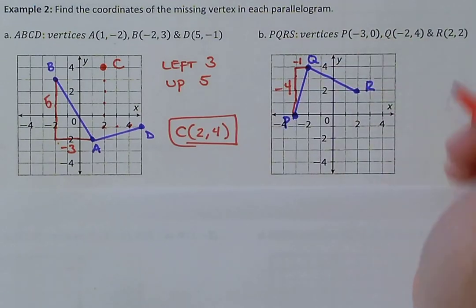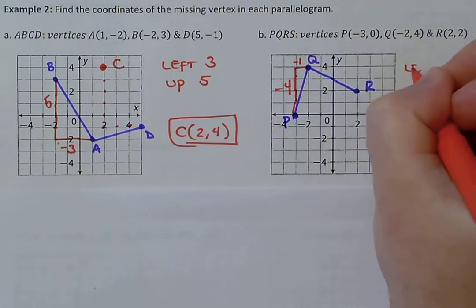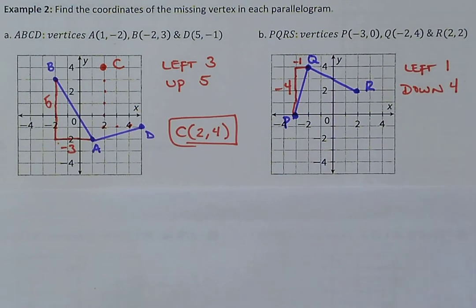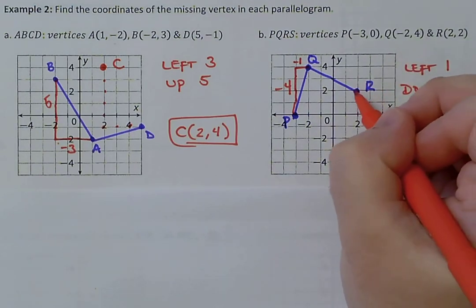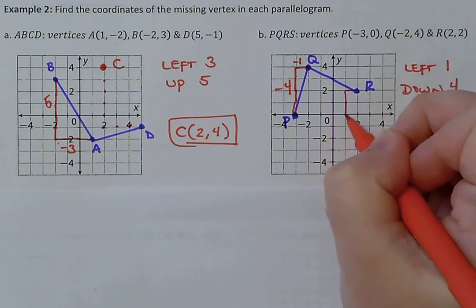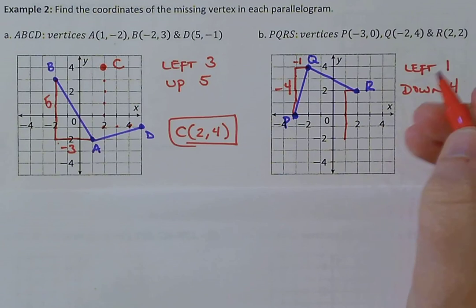So we go to the left 1, and then we go down 4. So we're going to apply that path to R. So we go to the left 1, and then we go down 1, 2, 3, 4.